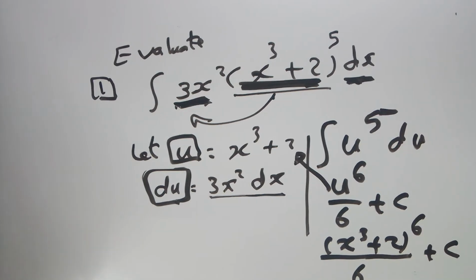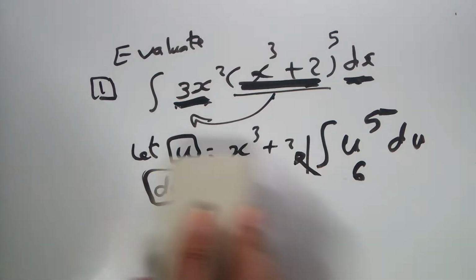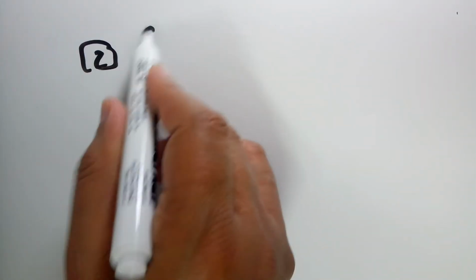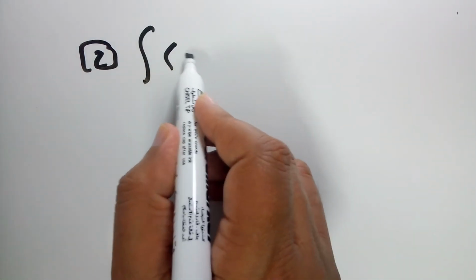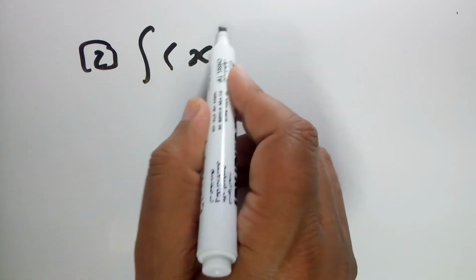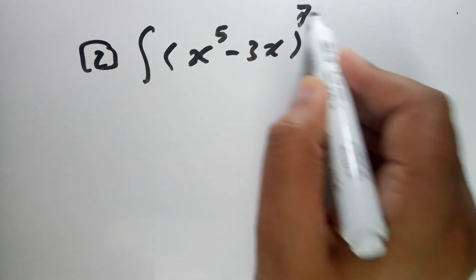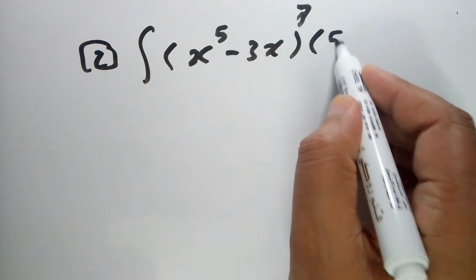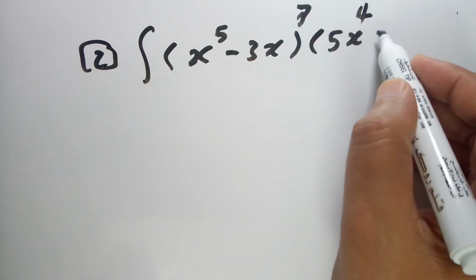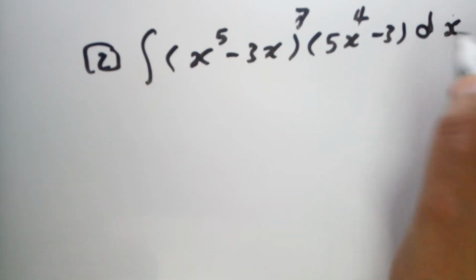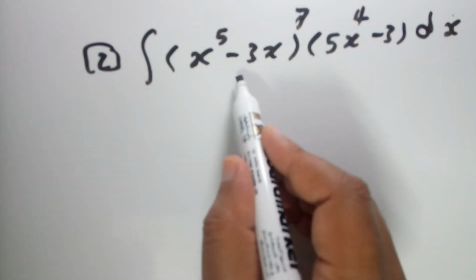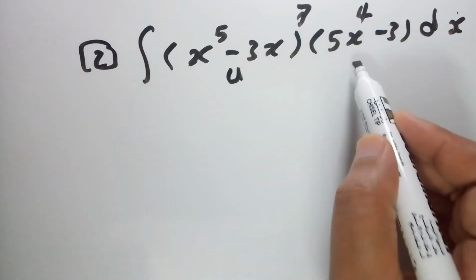Or you can apply the rule directly, like number 2. If you have the integral of x to the power 5 minus 3x, all to the power 7, multiplied by 5x to the power 4 minus 3 dx. Here, this is u and this is u prime.